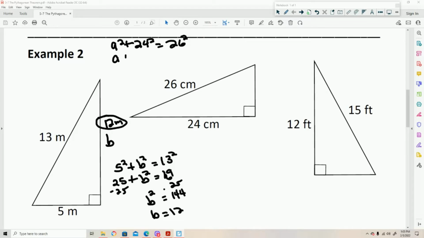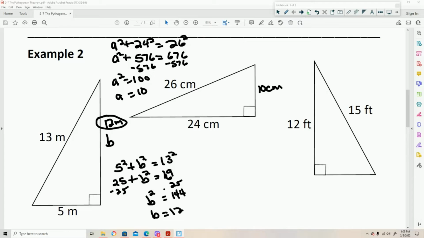That is the first step, no matter what you're doing here. So we square 24, we get 576. And we square 26 and we get 676. Now, the middle step we said we subtract. So if we subtract 576 from both sides, we get, I forgot the square there, A squared is equal to 100. And I know 100 is a perfect square. A is then equal to 10. We take the square root. Okay, and that is 10 centimeters.